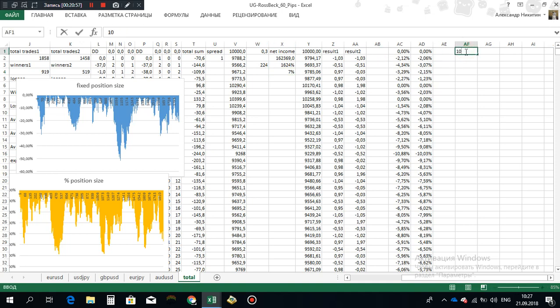Okay, suppose we have 10k, and over the period of 224 months we were generating 7%. So it should be this: it equals this plus 7% of what?